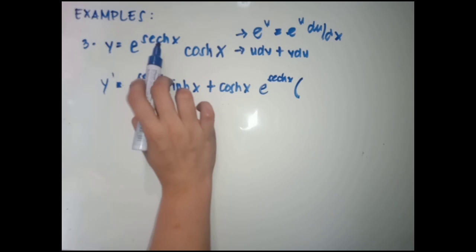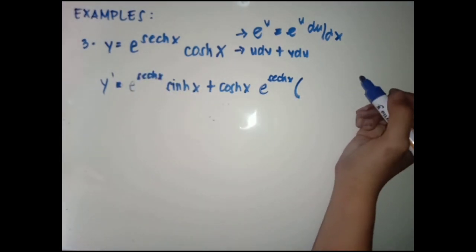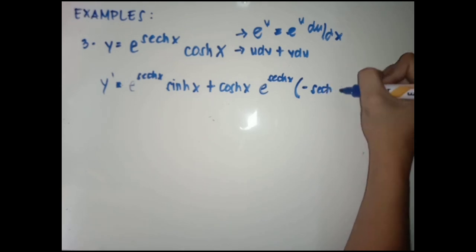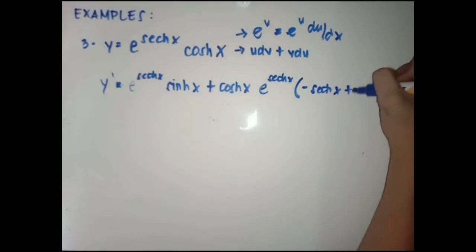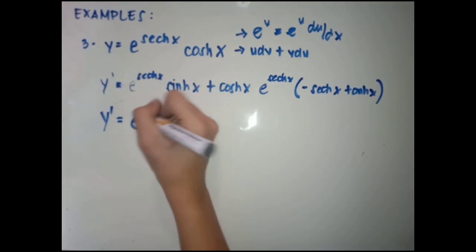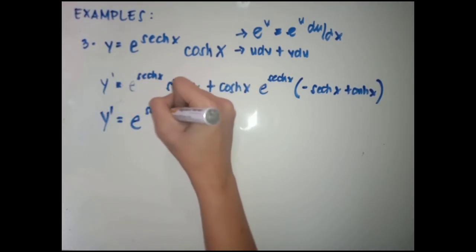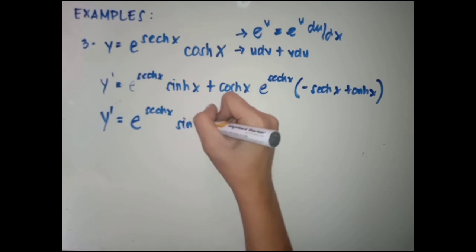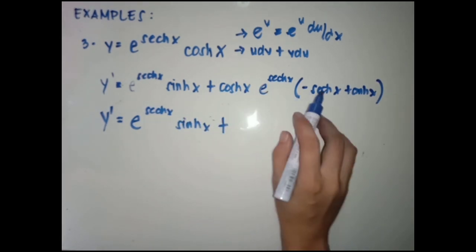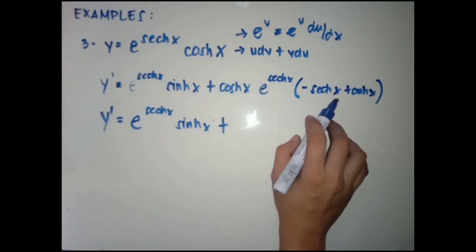So, ang derivative sa hyperbolic secant x is negative hyperbolic secant x times hyperbolic tan x. Ato lang i-simplify. So, we have e raised to hyperbolic secant x times hyperbolic sine x plus hyperbolic cosine x minus hyperbolic secant x is equals to 1.